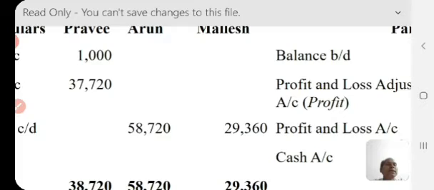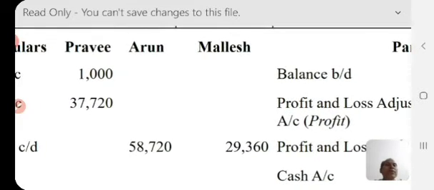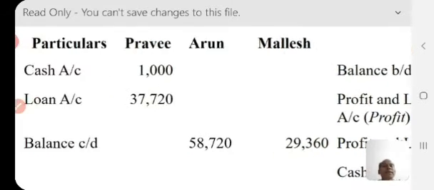These balances should be mentioned in the balance sheet after retirement of Praveen. That is the new balance sheet of Arun and Malesh. So these are the balances.